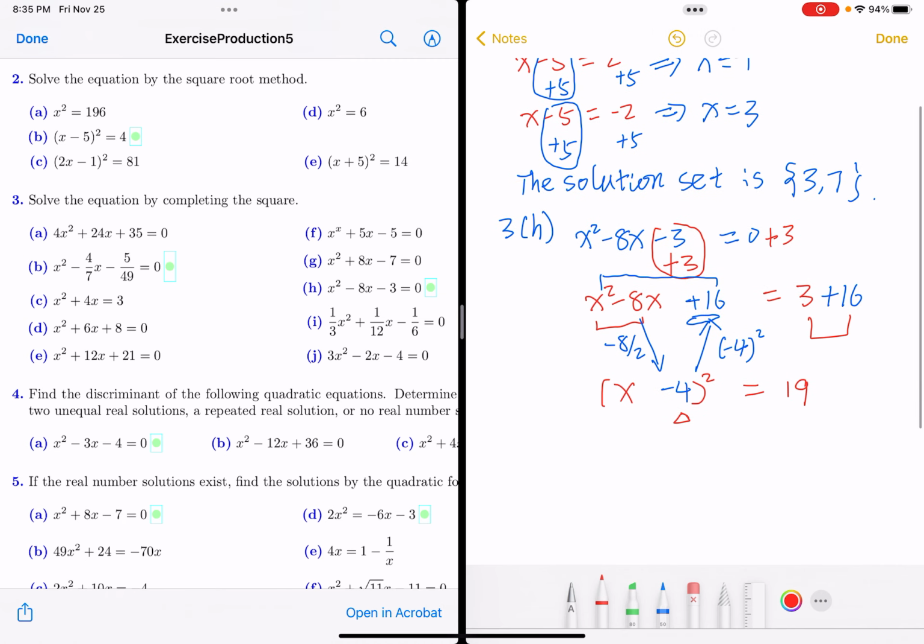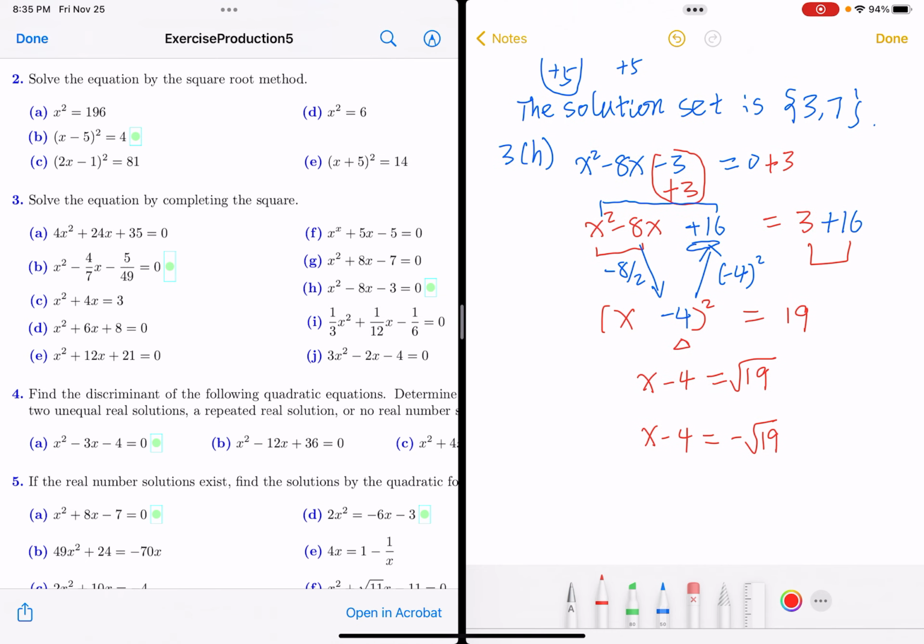So then you have x minus 4 could be equal to positive radical 19, if we choose the square root, or could be negative radical 19.